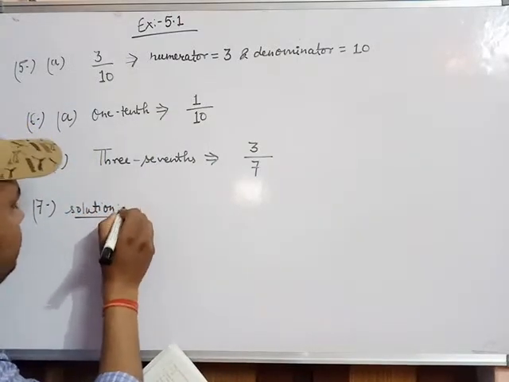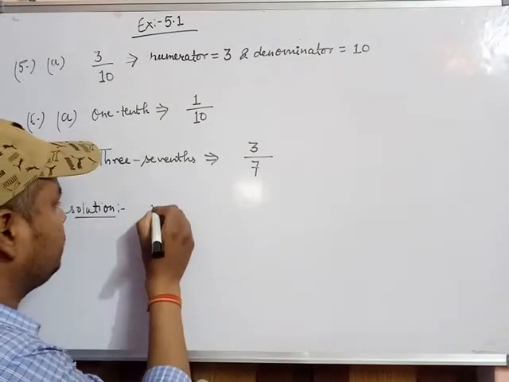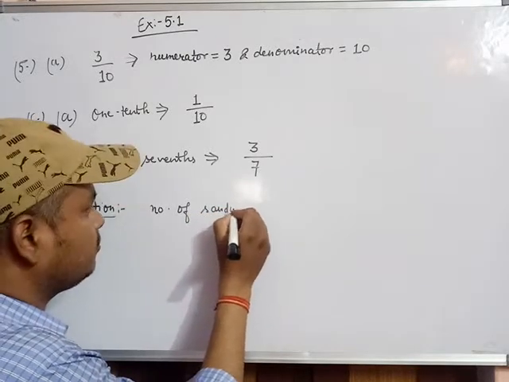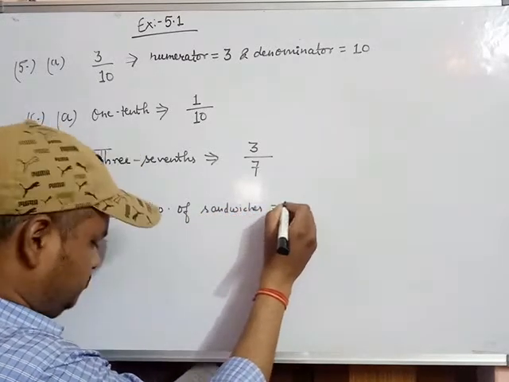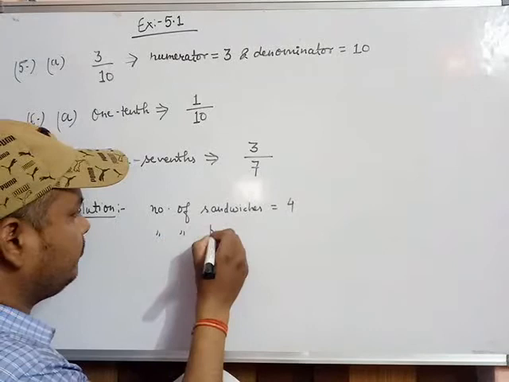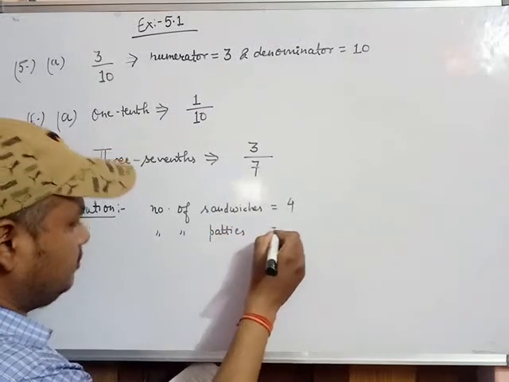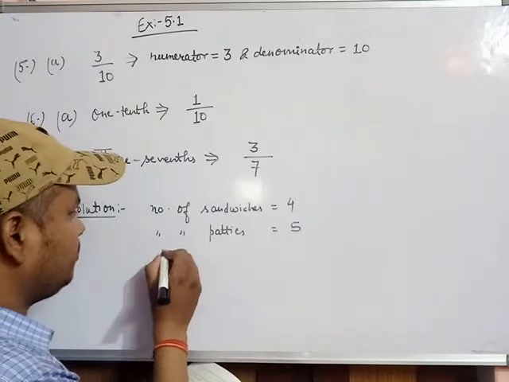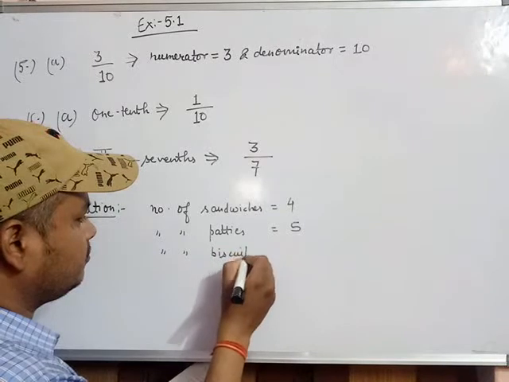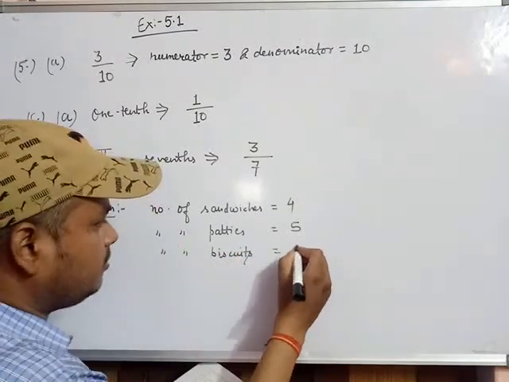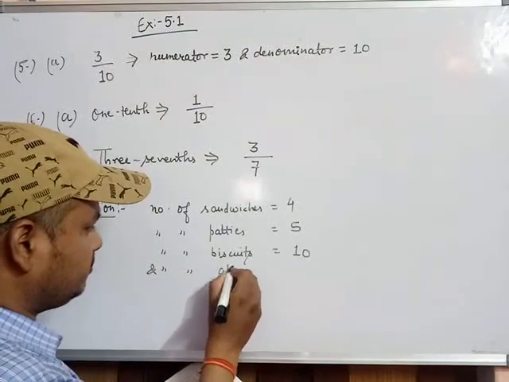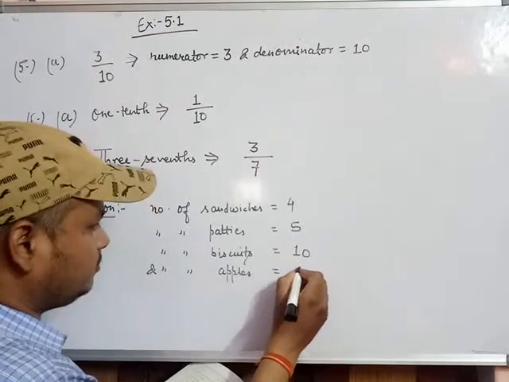Solution 7: number of sandwiches is equal to 4, number of patties is equal to 5, number of biscuits is equal to 10, and number of apples is equal to 3.